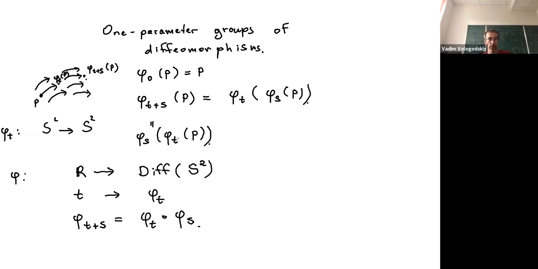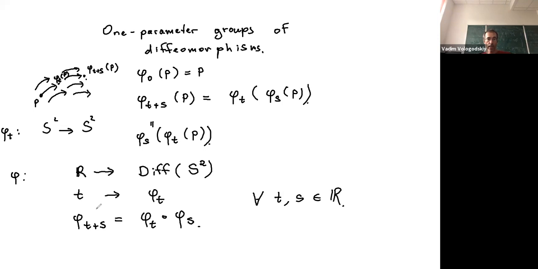So this formula is also a corollary of this one. So this is for all t and s in R. So that's what one parameter group of diffeomorphisms informally is. And now I want to give a formal definition.